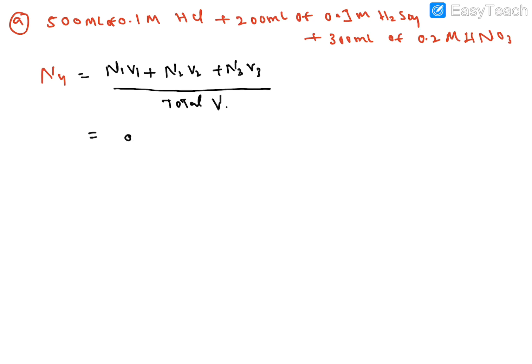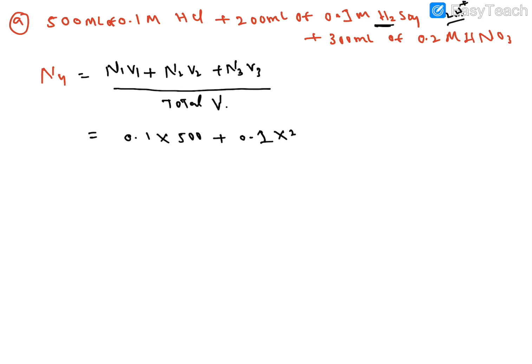molarity and normality are the same because the basicity is 1 only. So here we can take the normality as 0.1 and multiply with 500, and plus the next acid. Here the normality is 0.1, but here the basicity is 2. Okay, it is dissociated into 2 H plus ions, so the basicity is 2.